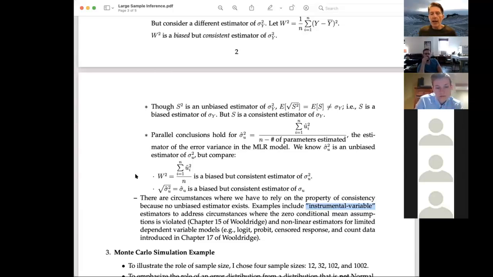There's a whole range of things where we have limited dependent variables. The dependent variables are limited to 0, 1, or they're a count with lots of zeros.